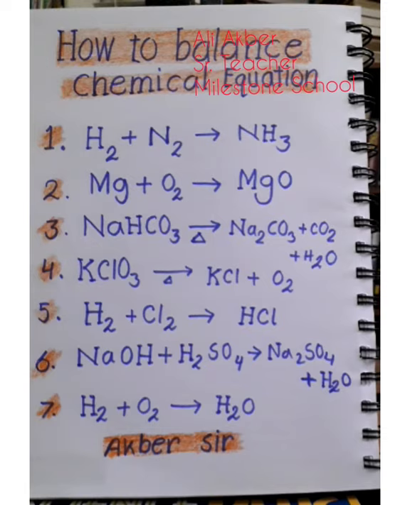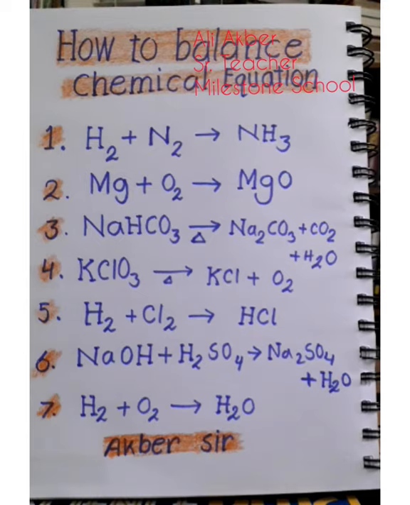Then you will see after multiplying by 3, before the reaction the number of atoms of hydrogen will be 2 times 3, that is 6, and after the reaction the number of atoms of hydrogen will be 2 times 3, that is 6. This is all right.